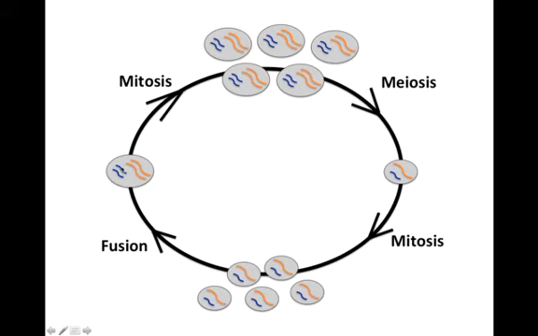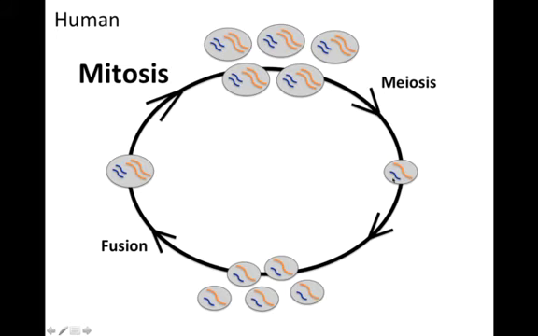So another way that we could represent our different organisms on this kind of form would be to just talk about how much of each one of these occurs. So for instance, in humans, there's a lot of mitosis, many rounds of mitosis during the diploid stage, so we could just make it a big mitosis.